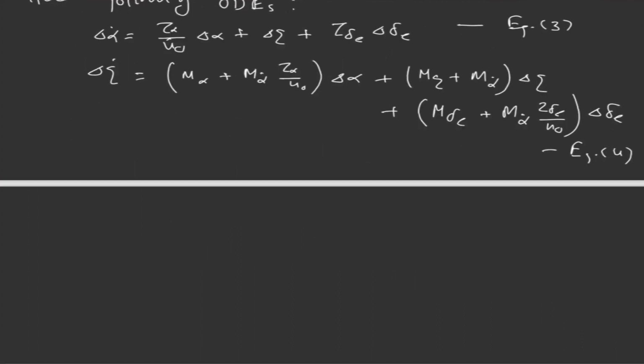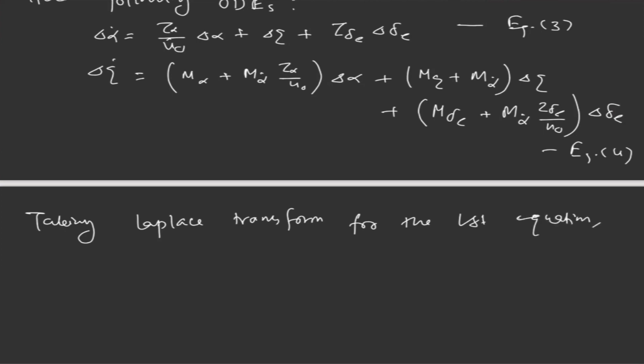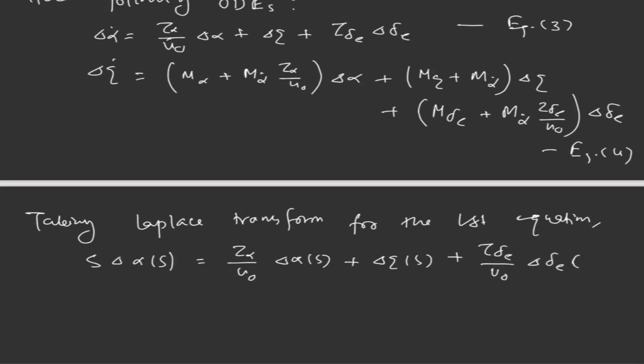We will take the Laplace transform. Let's start with equation 3, and we apply the Laplace transform to the first equation, which yields s delta alpha(s) equal to Z alpha by u naught times delta alpha(s) plus delta q(s) plus Z delta E by u naught times delta E(s).